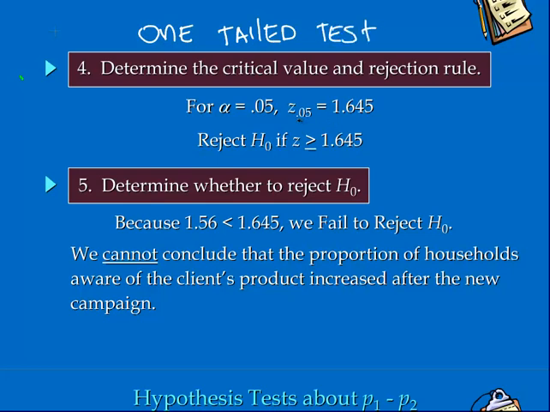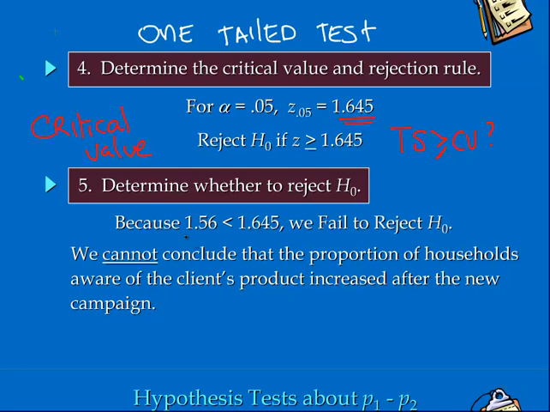The significance level is 0.05, so the quantile, the critical value, which you'd find in statistical tables, is 1.645. And our rejection rule is this: reject the null hypothesis if the test statistic is greater than the critical value, or greater than or equal to the critical value.